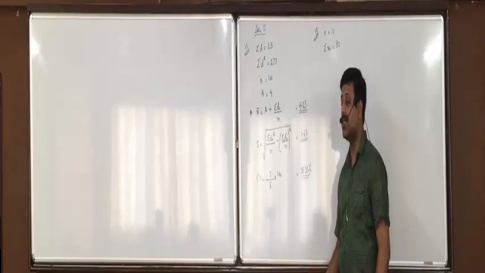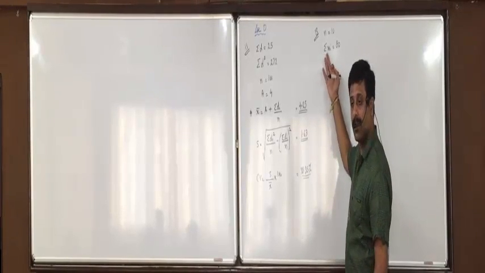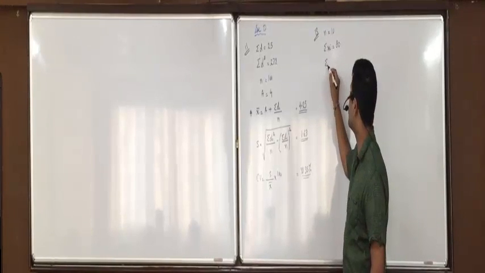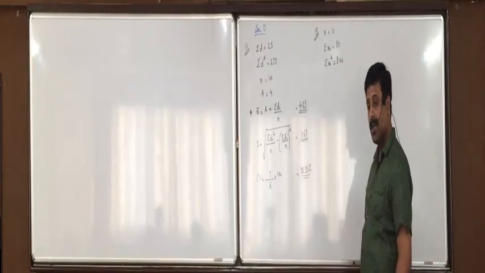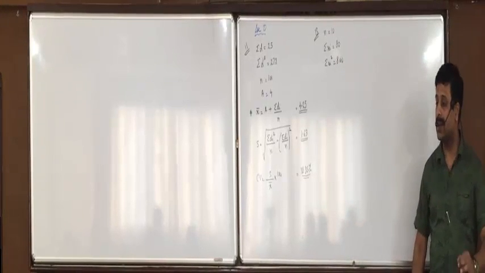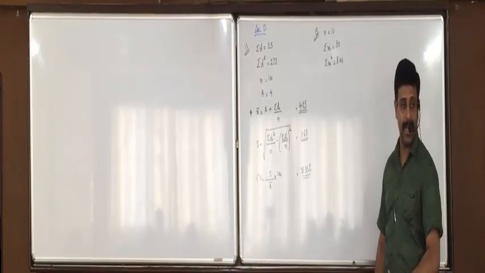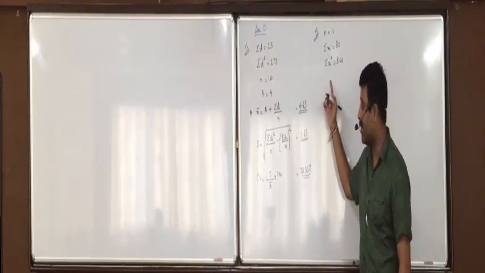Sum of observations is sigma xi, and sum of their squares is sigma xi square. Did you understand the information, everyone? Sum of 10 observations is 80 means n is 10, sigma xi is 80. Sum of their squares means sigma xi square is 800.